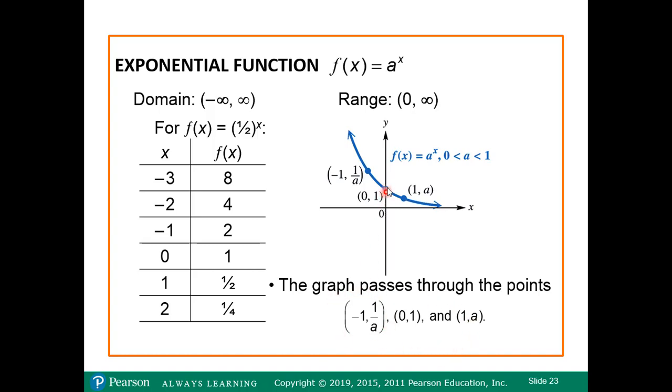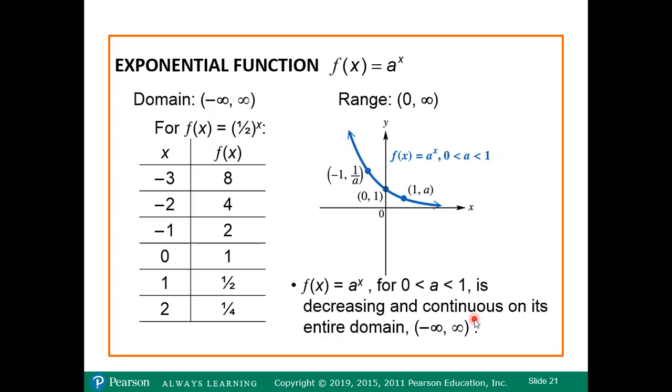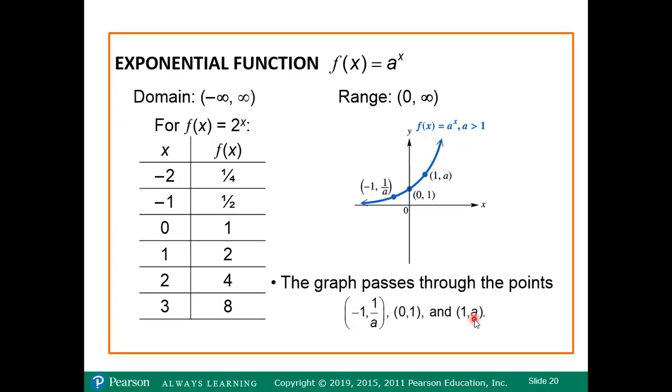Okay, so again, it goes through, notice it's flipped. So it still goes through 0, 1. So that's the same, but notice it goes through -1, comma 1 over a, and then 1, comma a. Okay, so if you notice here, it goes through here.